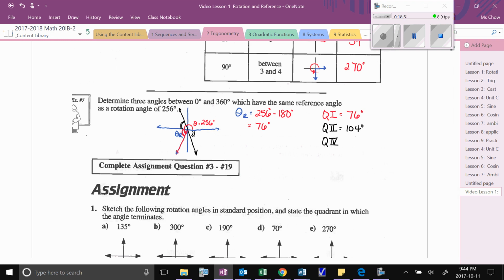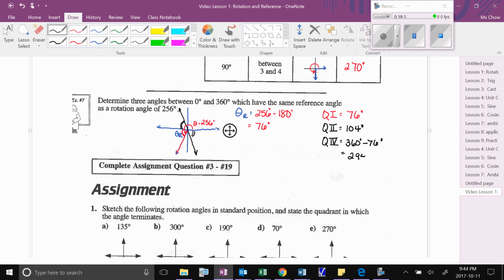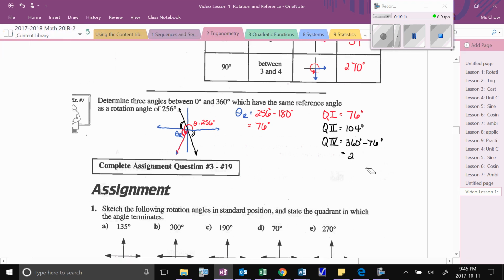So 360 degrees minus 76 degrees gives us 294. No, that would be 284 degrees. Yes, 284 degrees. Okay, so please complete the assigned questions and let me know if you have questions.